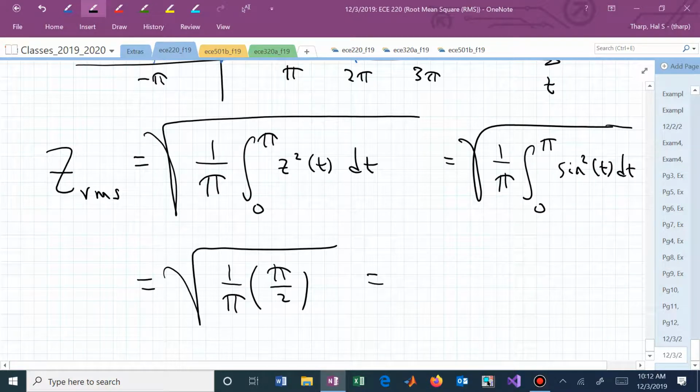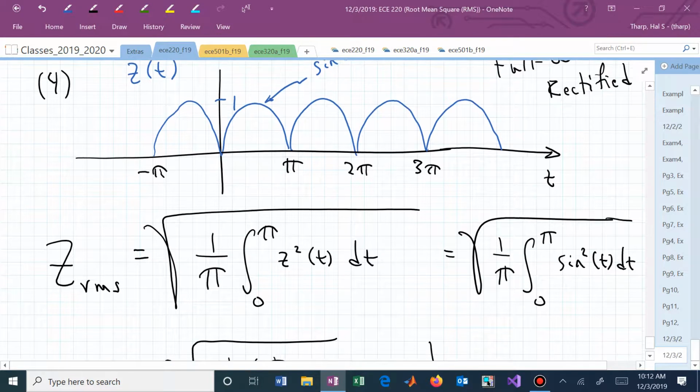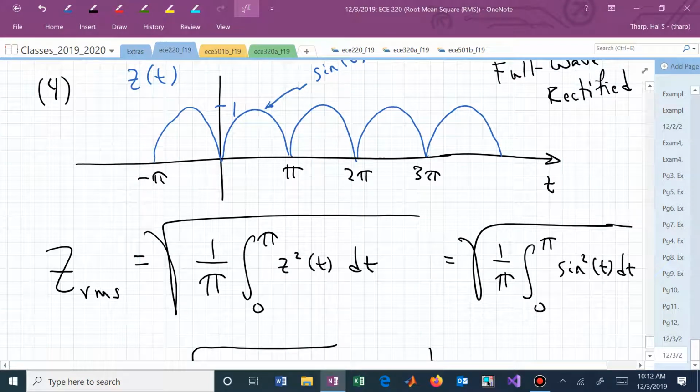Or this is now, the pi's cancel, and we have 1/2, or the square root of 1/2, or 1 over the square root of 2. Which shouldn't surprise us, because this should present the same effective power as the sine wave itself, because we're squaring that in the process of finding the average power.